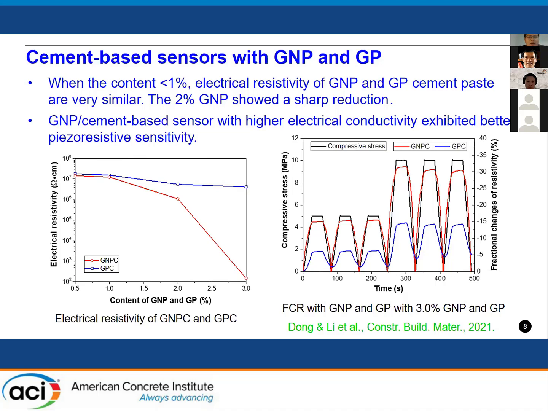But the resistivity with GNP experiences a sharp reduction to 10 to the power of 6 when the GNP content increased to 2%. On the other hand, we can also find from this figure that the GNP cement-based sensors have higher electric conductivity and also exhibited better piezoresistive sensitivities.